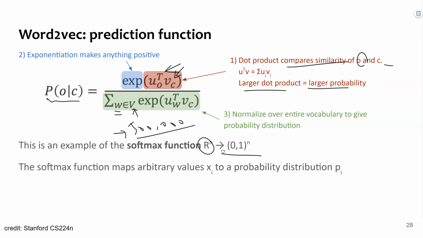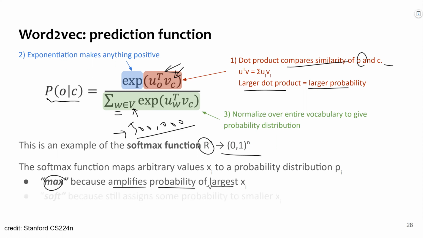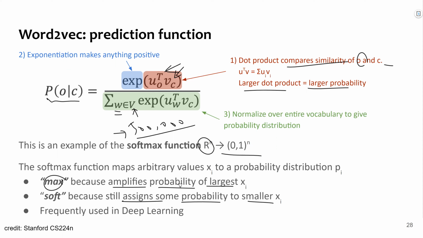The softmax function maps arbitrary values to a probability distribution P. Max, because it amplifies the probability of the largest element, and soft, because it still assigns some probability to smaller elements. It is frequently used in deep learning, and we already saw this in the previous sessions.